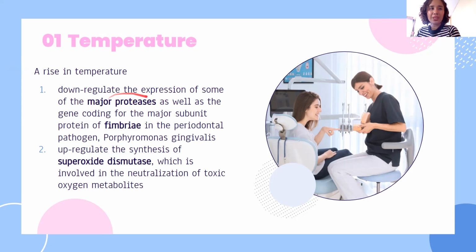So good win sa atin talaga. Pag tumataas ang temperature, what else? Upregulate the synthesis of superoxide dismutase, which is involved in the neutralization of toxic oxygen metabolites. Yan. So, nag-i-increase yung production niya. Okay. So, it's for neutralization of toxic oxygen metabolites. So, this is a win for the group of bacteria. Okay. Because this could protect them.